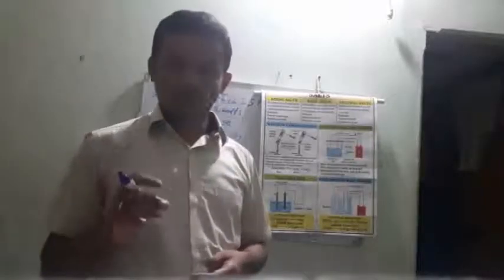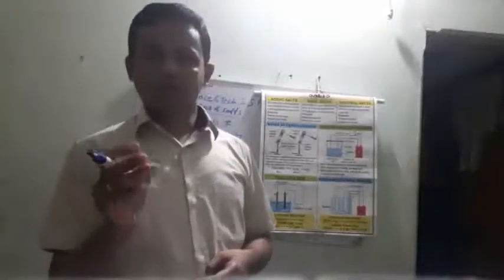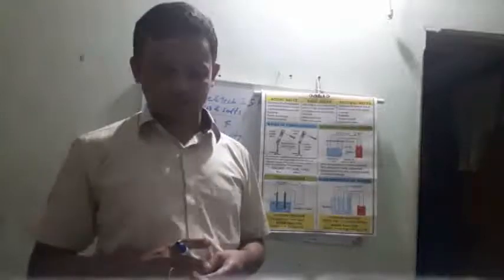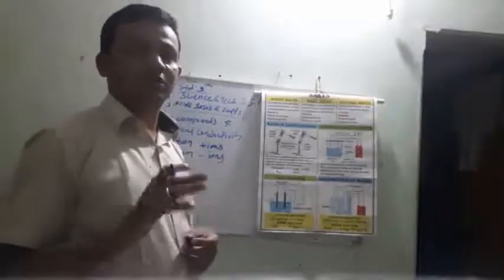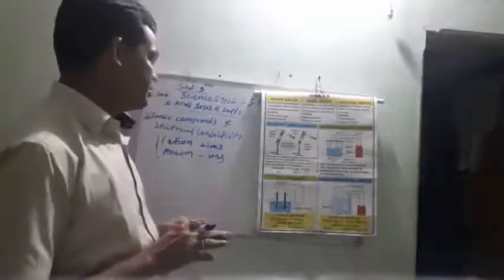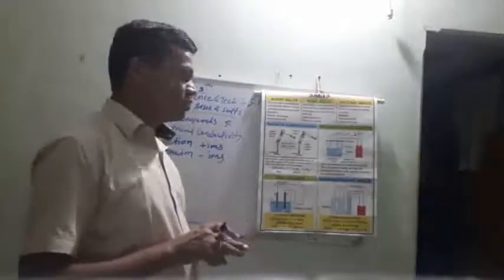Now in this topic, you know about ionic compounds, what they are and what their constituents are. Ionic compounds can conduct electricity when they dissolve in water, as they dissociate into their ions.